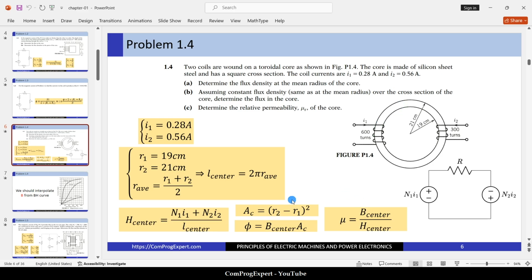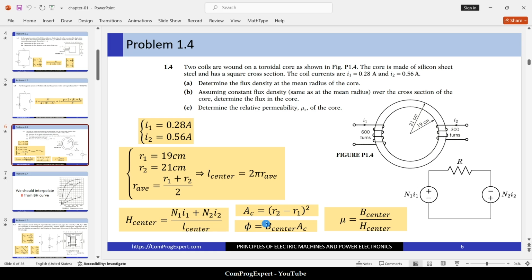How much is the core cross section? It is R2 minus R1 to the power 2. Yes, because the cross section is a square, and when we have this area and we assume a constant flux density, the same as the mean radius, we can calculate phi.